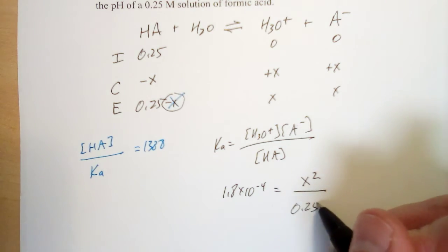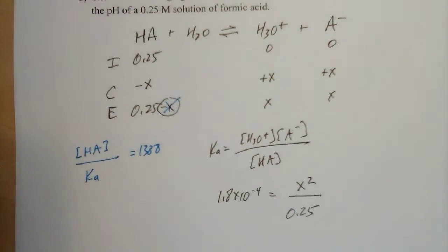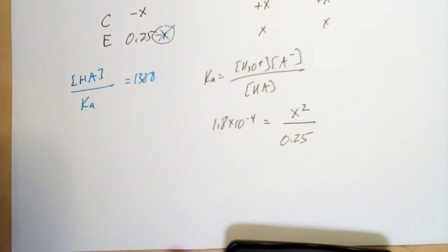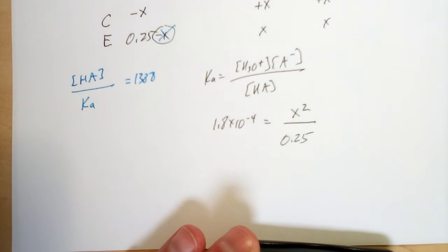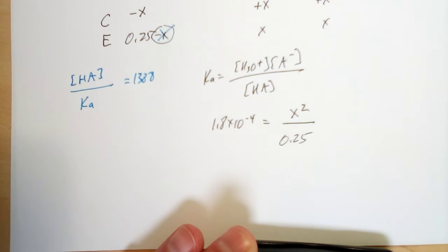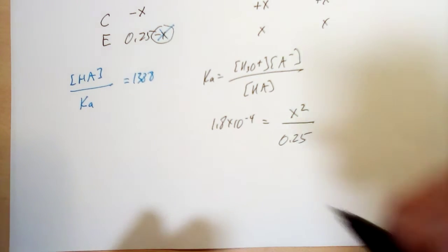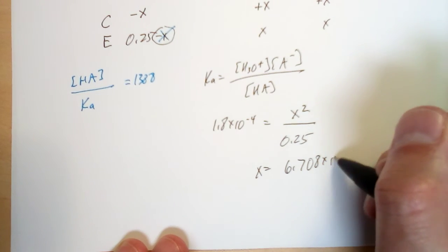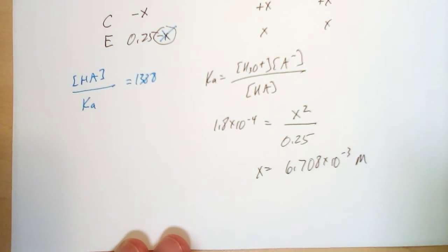And since we eliminated the minus x, just 0.25 on the bottom. And now, pretty straightforward to solve that for x. So I'll take 1.8 times 10 to the minus fourth, multiply through by 0.25, and then take the square root. And I'm left with x is equal to 6.708 times 10 to the minus third molar.